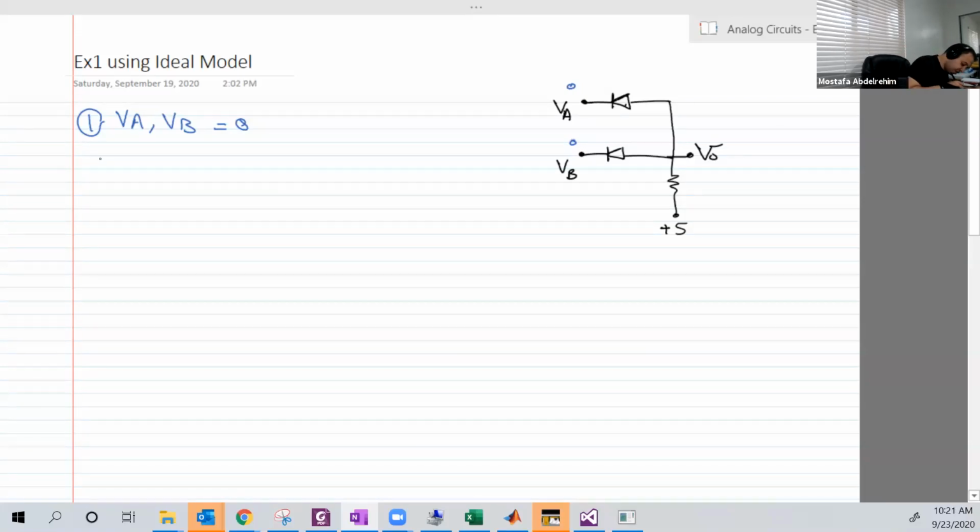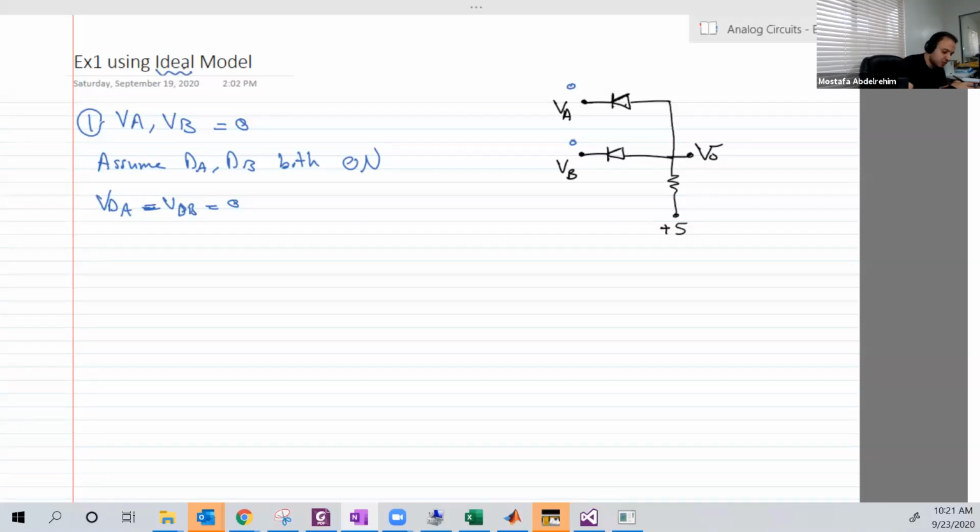Okay, so assume DA and DB both forward or on directly. So VDA equal to VDB equal to 0, because we are dealing with the ideal model now. So once you assume they are on, the voltages are 0.